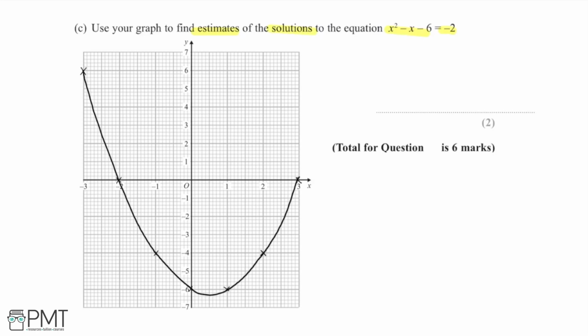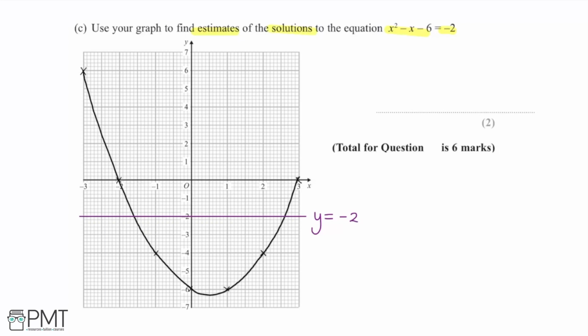So two x values here that are where the line y equals -2 crosses the line y equals x squared minus x minus 6. So in order to go about doing this, I can simply draw in the line of y equals -2. So this straight horizontal line here, and label that y is equal to -2.